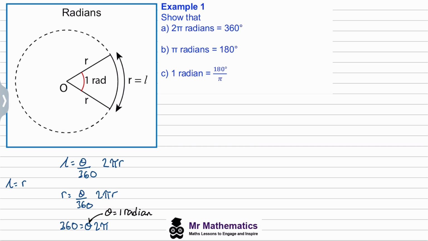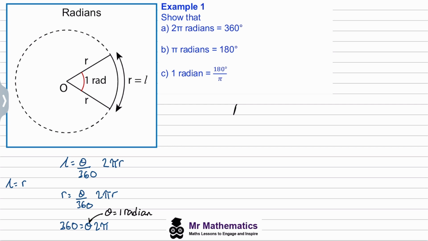So just to be clear, 1 radian is where you have the radius equaling the arc length of a sector. And 2 pi radians is where you have the full circle of 360 degrees. So then we can convert between B and C using simple ratio notation.